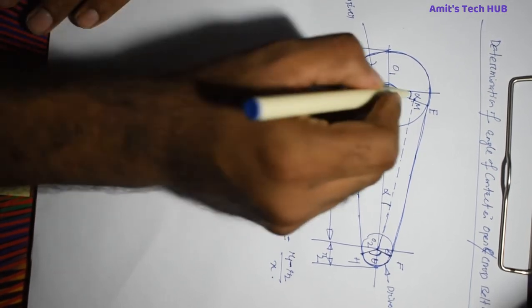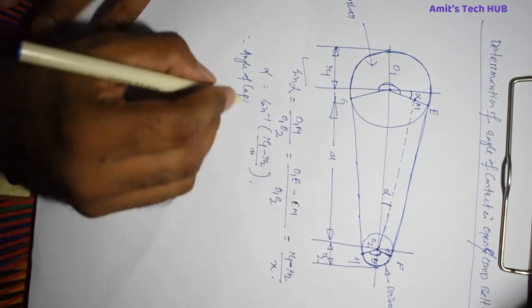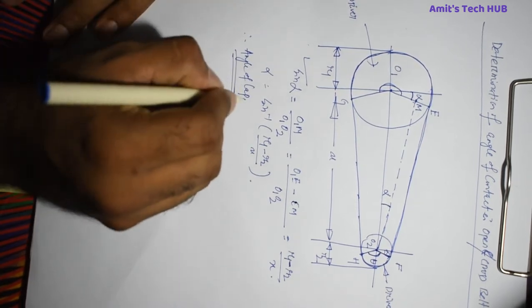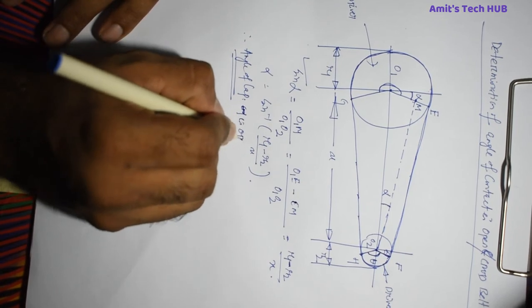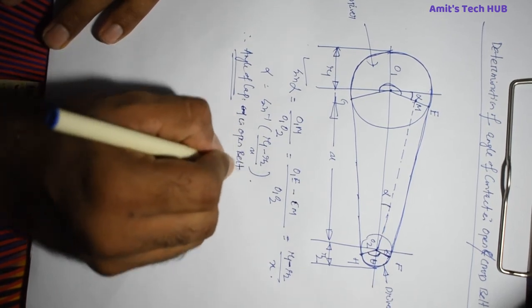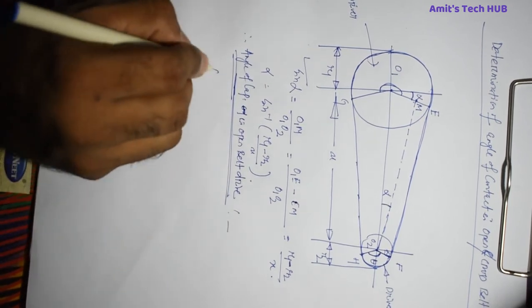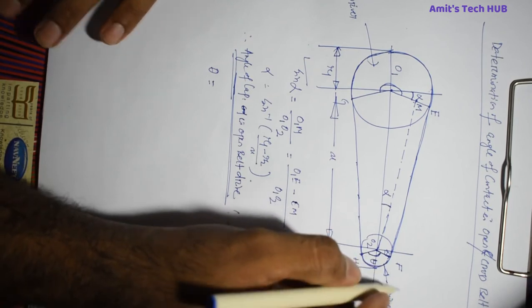Here alpha is not the angle of lap. Theta is the angle of lap. The angle of lap in open belt drive can be given by theta.